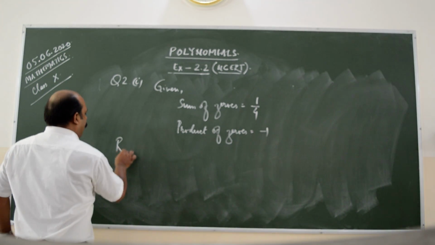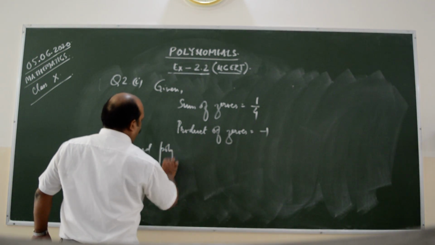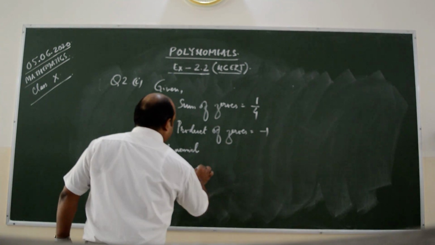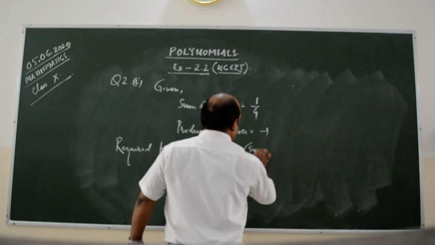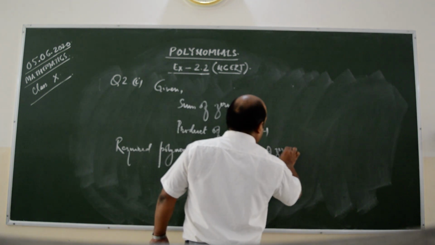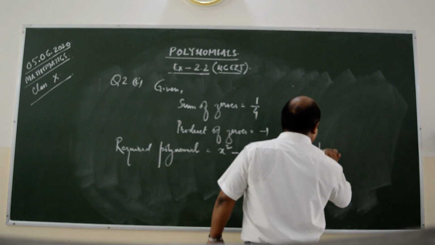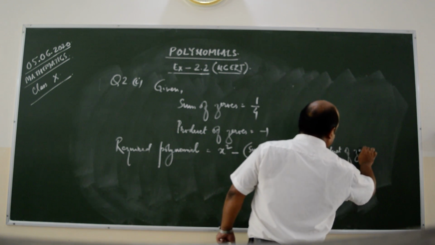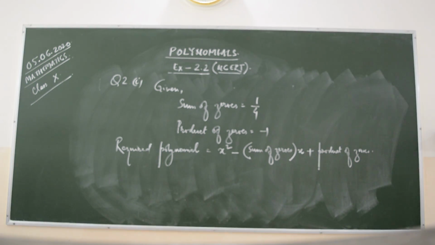So we can say required polynomial is equal to x square minus sum of zeros into x plus product of zeros. So this is the formula that we are going to use. X square minus sum of zeros into x plus product of zeros.